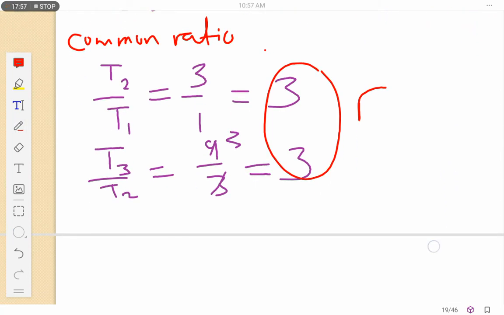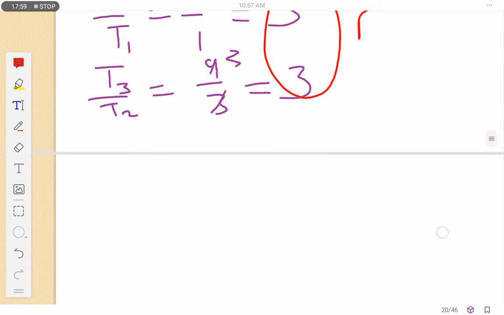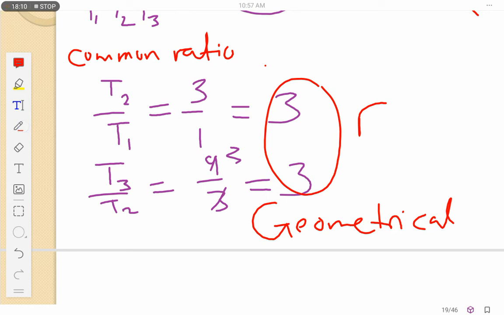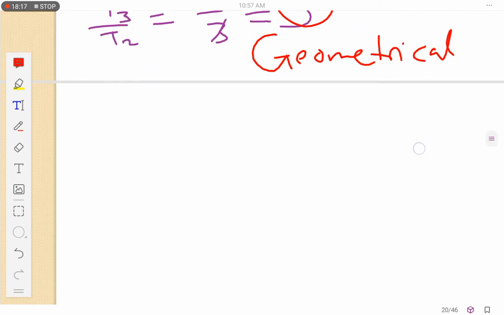So this is a geometrical series. Now, having known that this is a geometrical series, we can use those formulas. Is our R greater than 1 or less than 1?